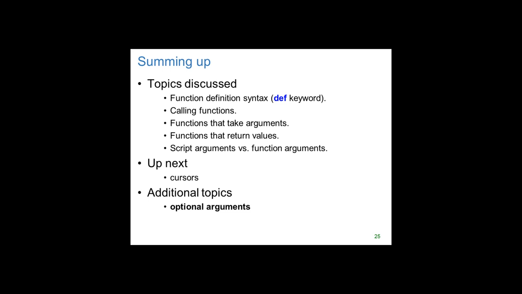And optional arguments are shown here in the additional topics, although we did talk about how to do that, but that's showing there because we have a few more examples of optional arguments and using those in the remaining slides. There are also some slides on how to return multiple values from a function. In the next topic, we'll learn how to use cursors to read and update the records in GIS files.